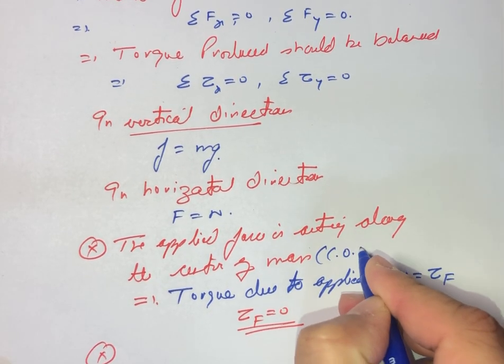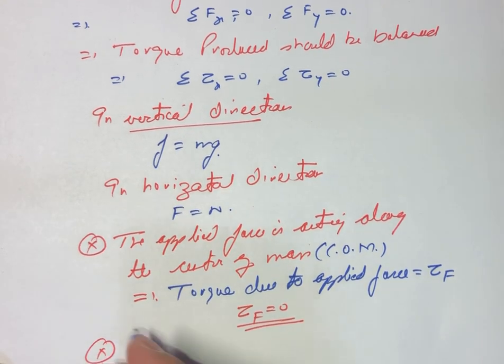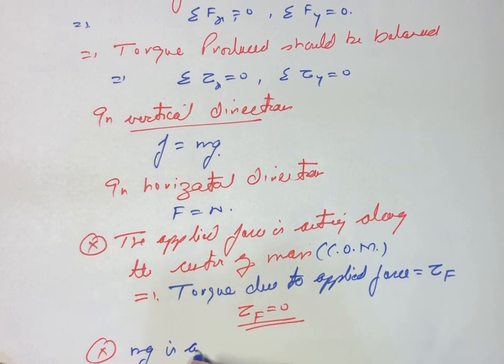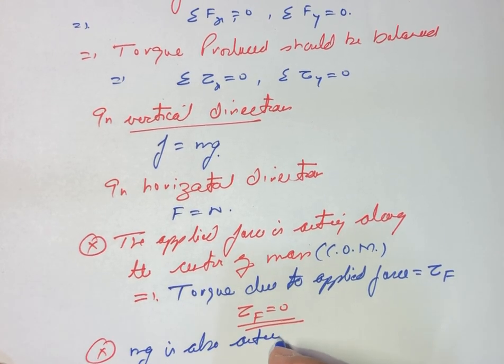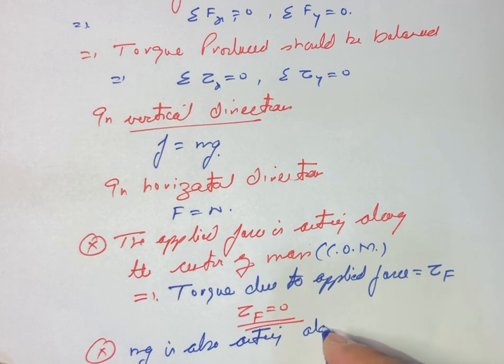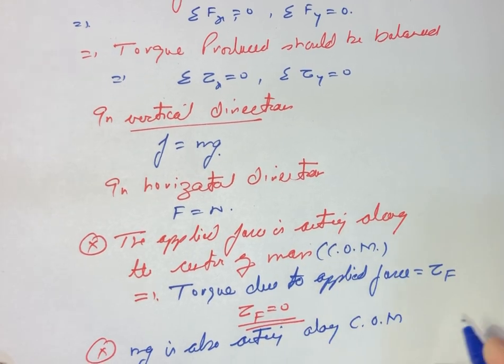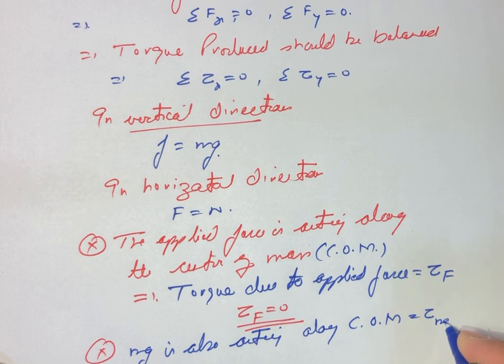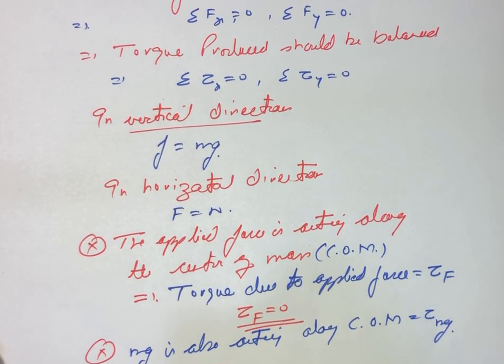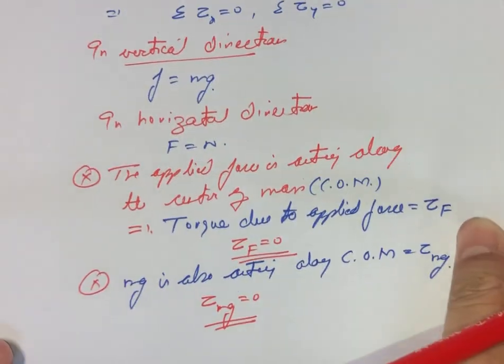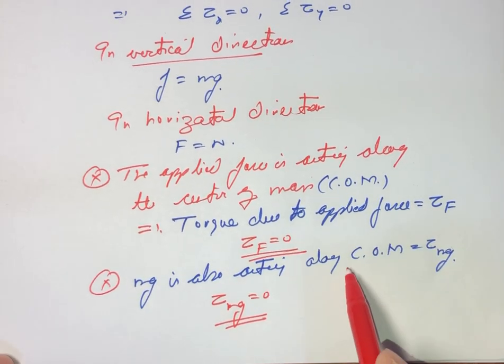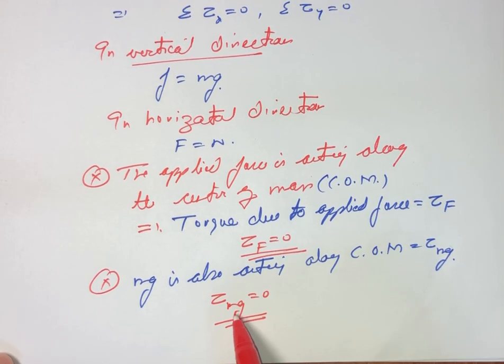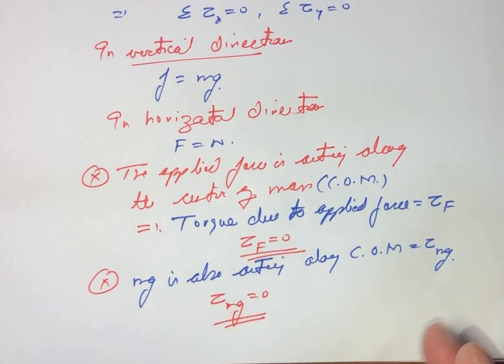This is the COM. Therefore, the torque because of mg will also be equal to 0, so tau mg is equal to 0.